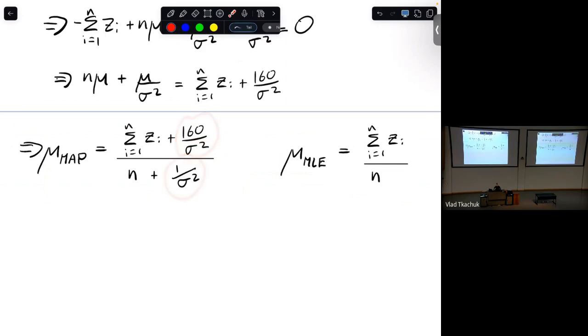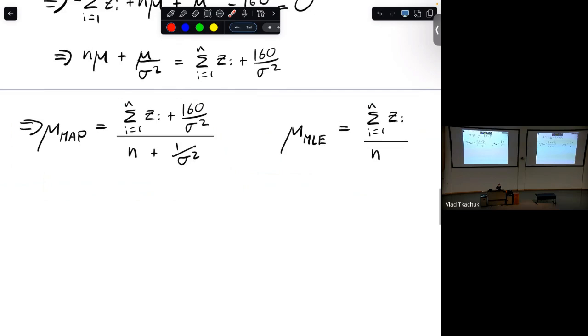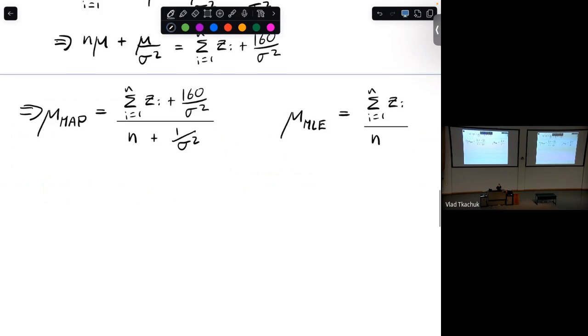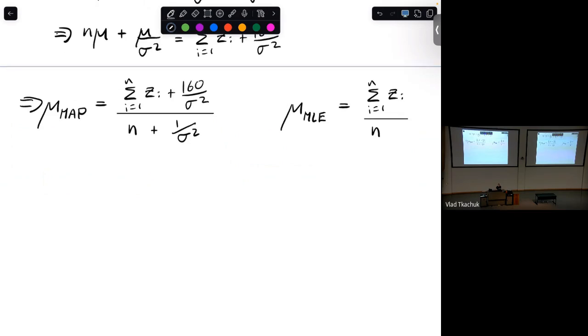And now the natural thing to do is to study the extremes, as you may have seen in this class is a common strategy to understand some mathematical expressions. So let's just take the two extremes of when sigma squared is really, really large and when sigma squared is really, really small, which remember our mapping was sigma squared really, really small variance.